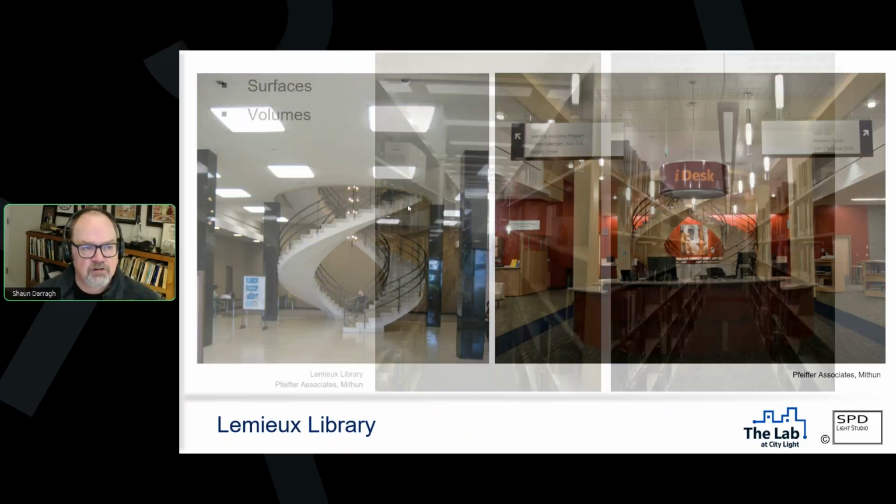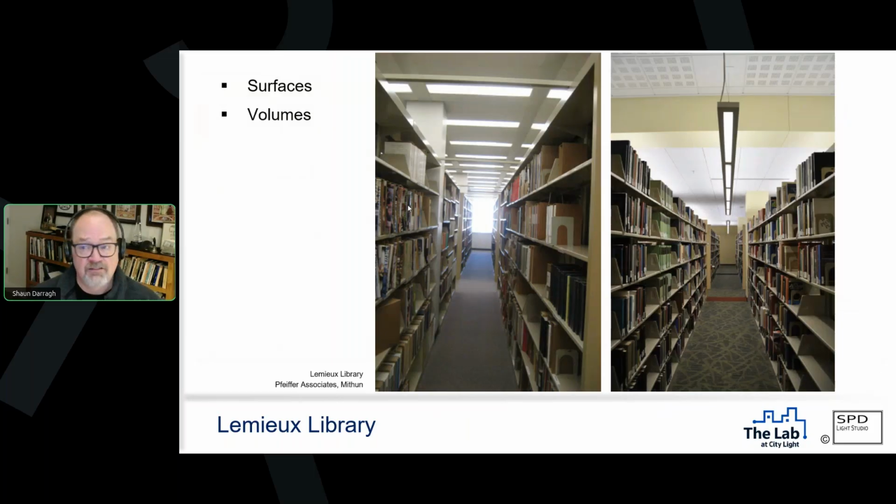Now, a much more prosaic example from within that space is the library stacks up above, right? On the left was before, on the right is after. So on the left, they had a pattern of, I don't remember if they were 2-lamp or 3-lamp, but they were very bright fluorescent light fixtures just scattered throughout, again, blobbing light everywhere, hoping for the best.